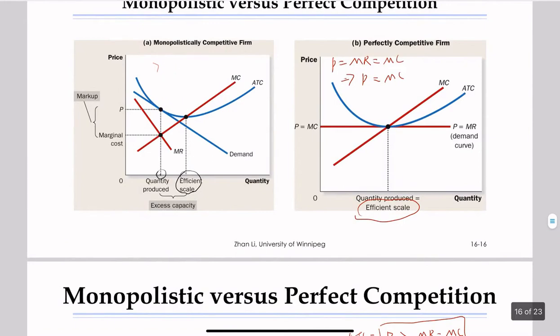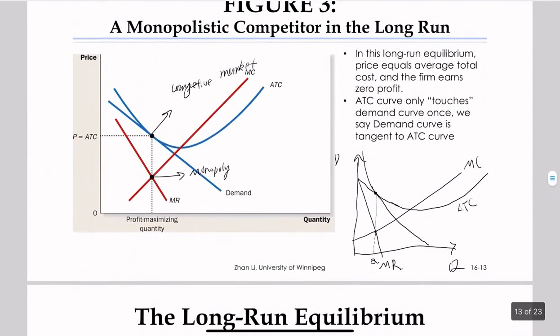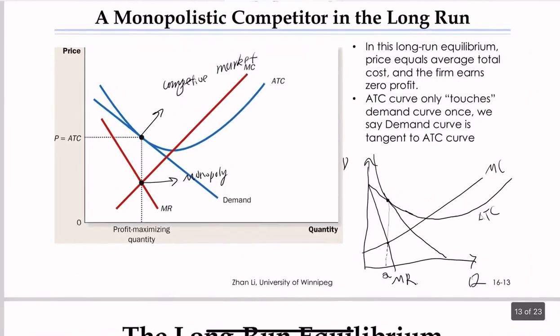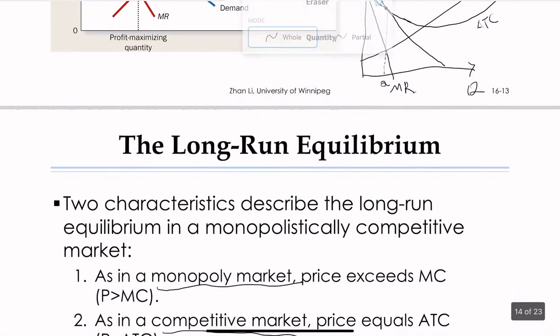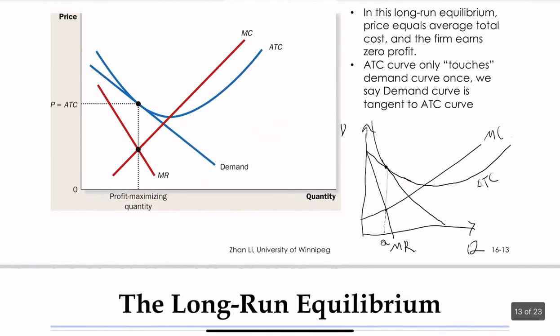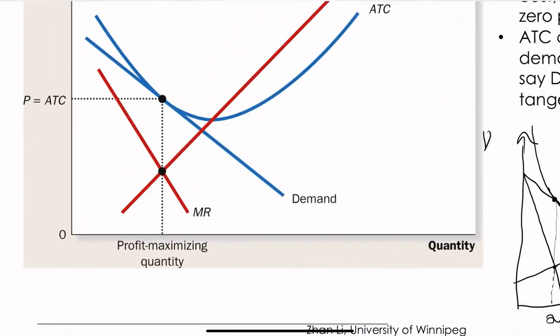Here, you can see that the price is given by this, and the marginal cost is given by this blue dot. Our focus would be these quantities, these Q's.